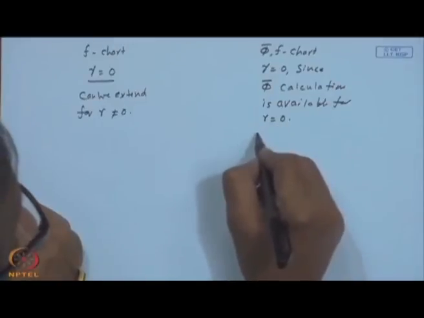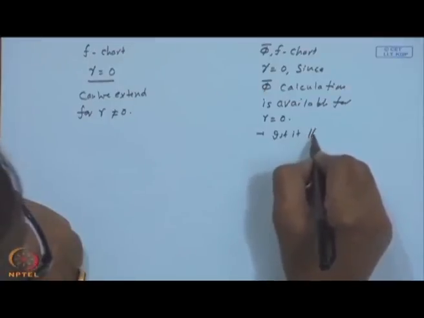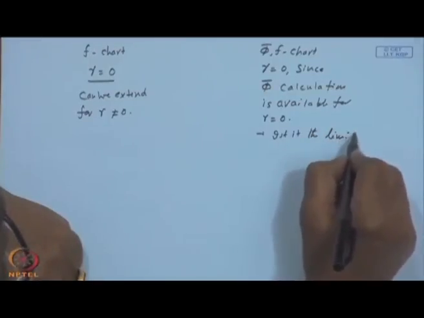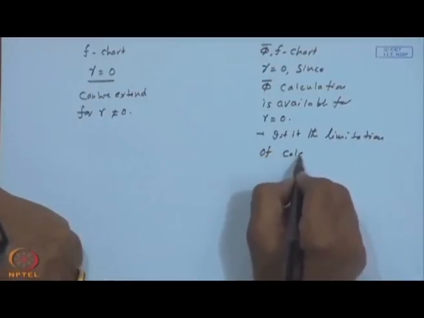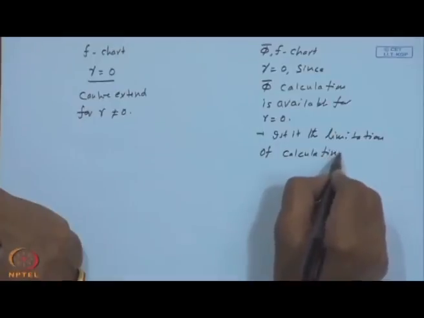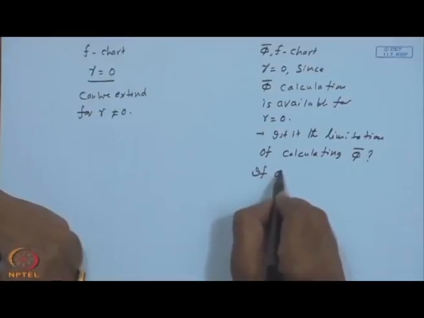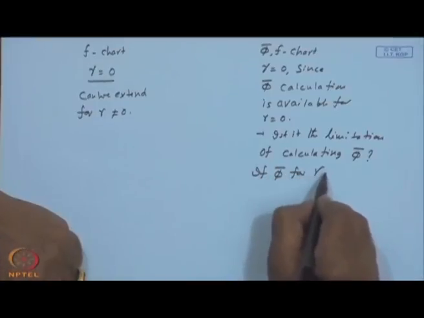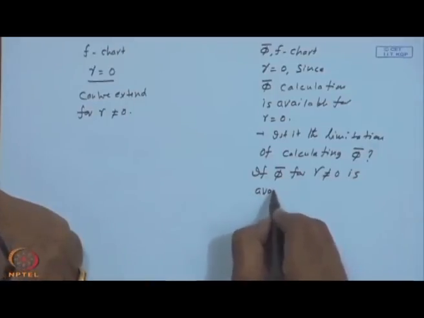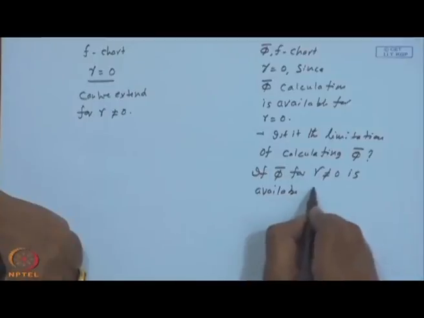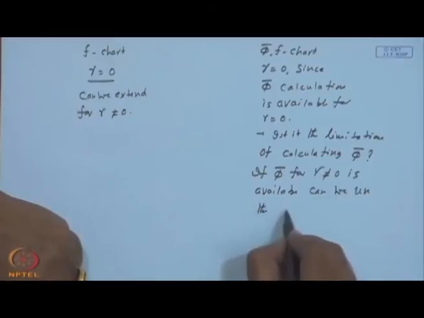Here also we need, is it the limitation of calculating phi bar, or if phi bar for gamma not equal to 0 is available, can we use the same relation?